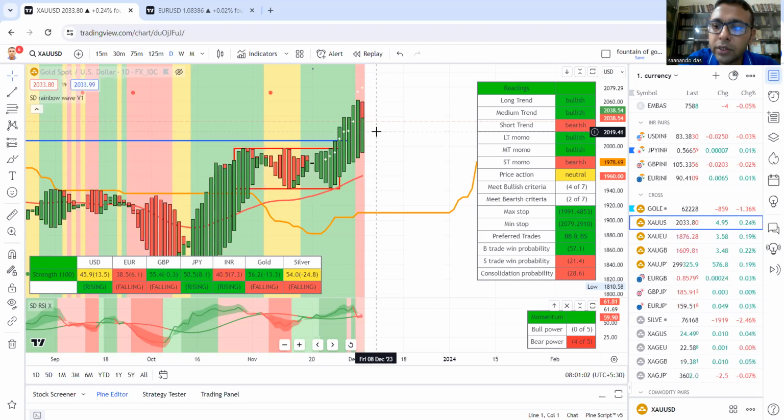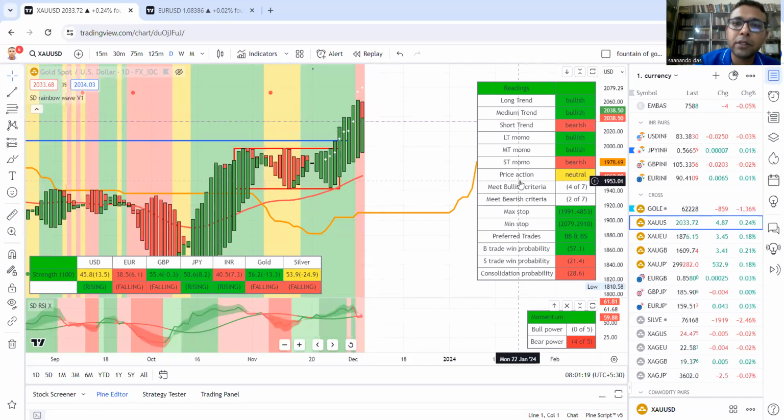And once the gold selling came from up to such a big level, 2150 almost, then the panic selling set in, because a lot of people went bullish. Then almost at the end of the day, bulls were running for cover. So gold में मेरा best suggestion होगा stay out.